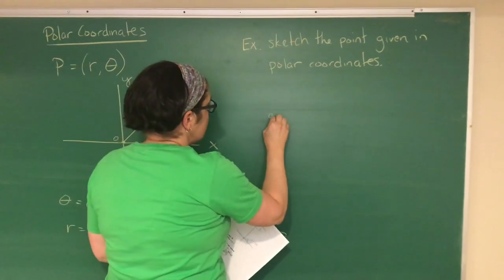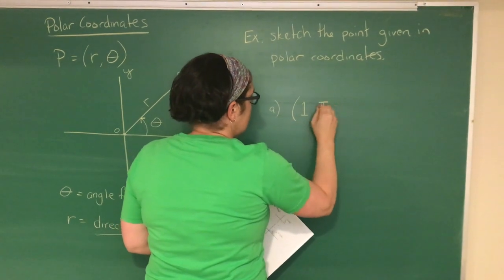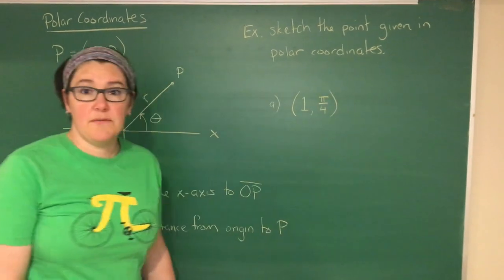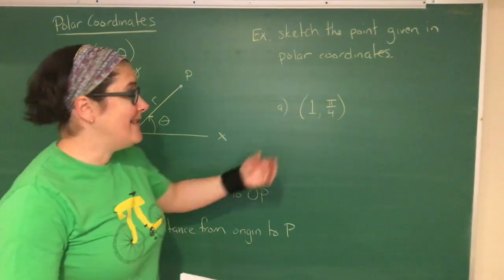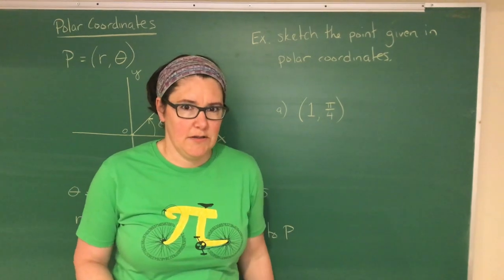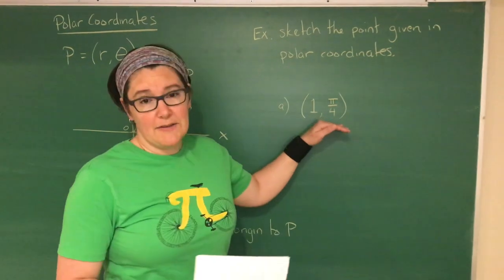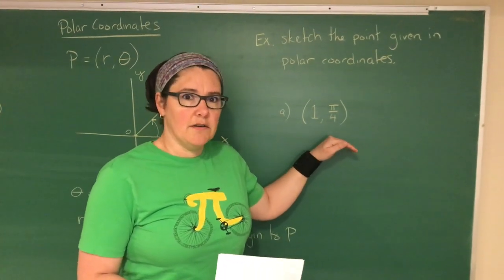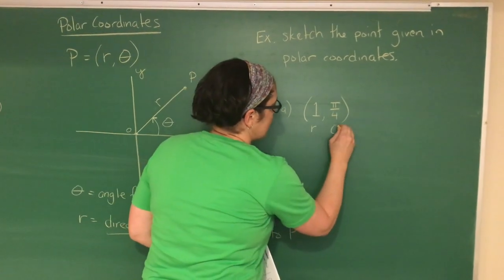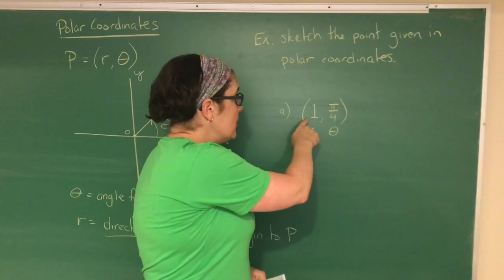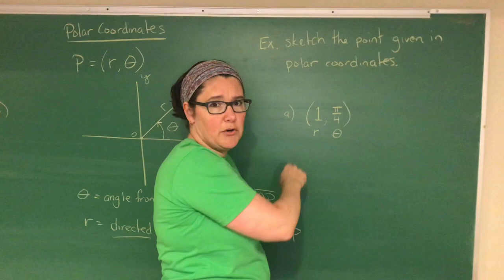All right, so our first example we're going to call A, and this is the point (1, pi over 4). Now, if you are walking down the street and this ordered pair jumps out at you from a dark alley and says, here I am, 1 comma pi over 4, and you're asked to plot this point, it is not at all clear whether this is a polar point, meaning that the first component represents r and the second component represents theta, or if this is a rectangular point where the first component is the x value and the second component is the y value.